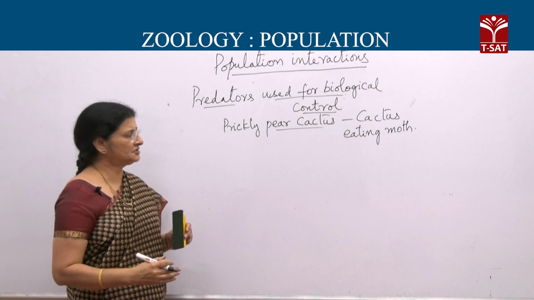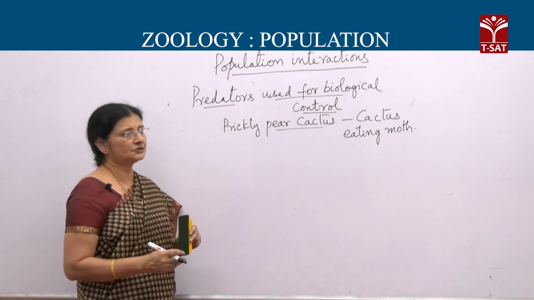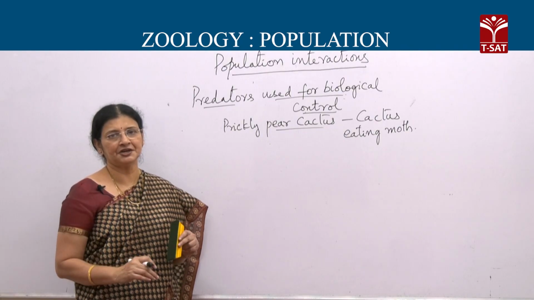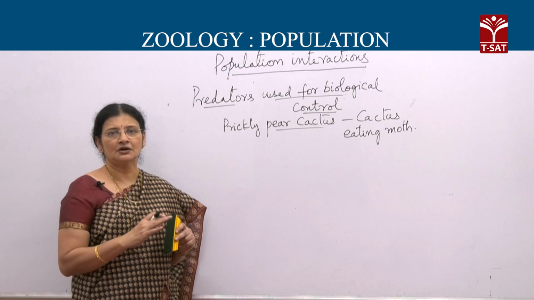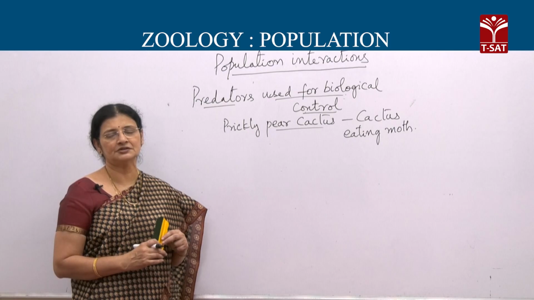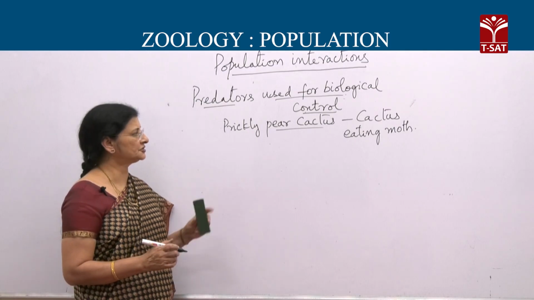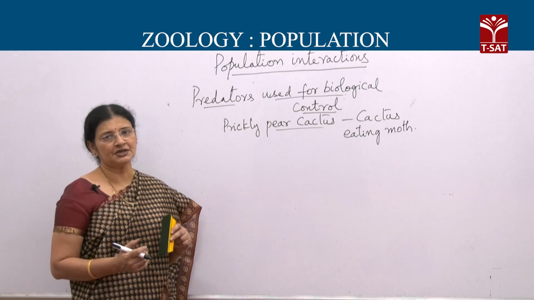They brought these insects and released them. This moth is a voracious feeder of these cactus plants, so the spreading of cactus plants was reduced by using this cactus-eating moth. This is one of the examples.